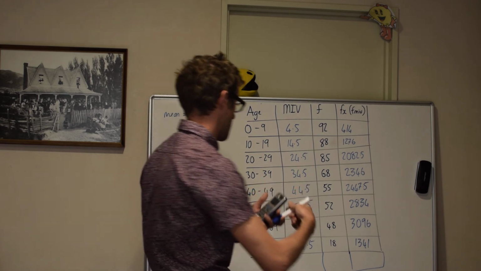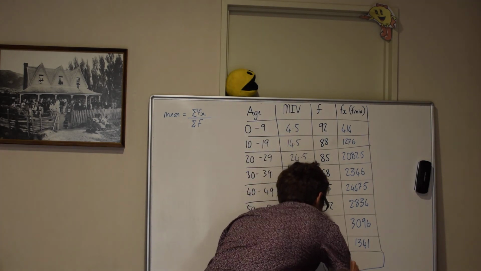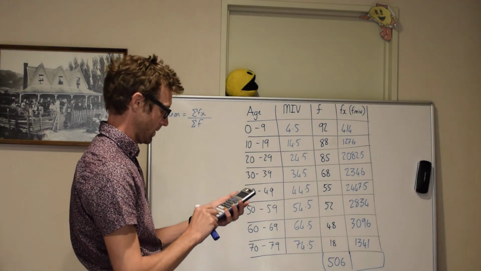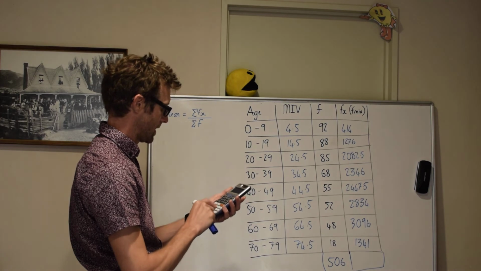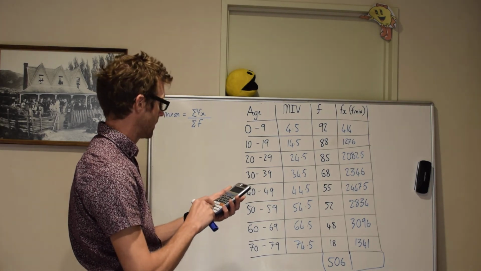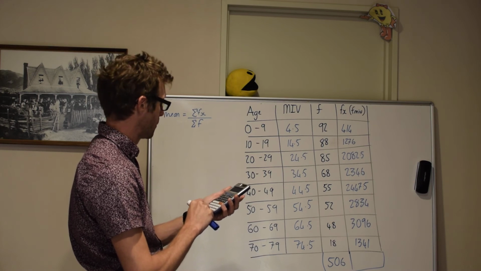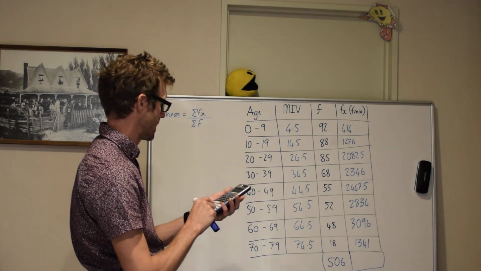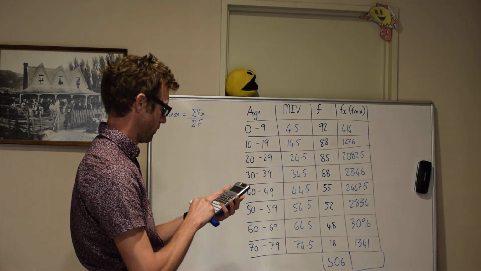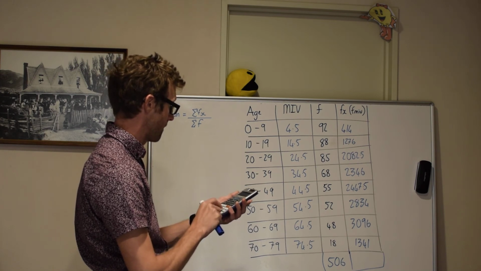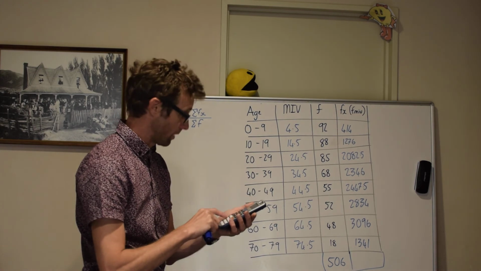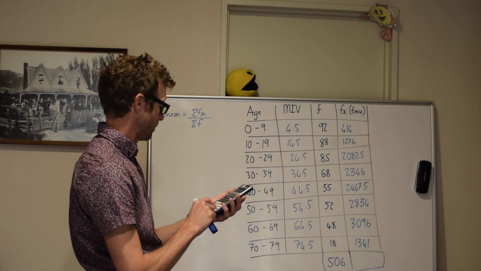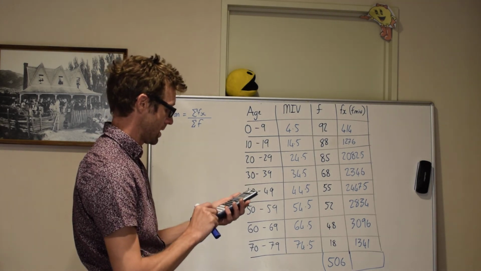Just checking the first column. Okay, I get 506 for the frequency. I hope that's right. And then the sum of our f times mid-interval values: 414 plus 1276 plus 2082.5 plus 2346 plus 2447.5 plus 2834 plus 3096 plus 1341 equals.